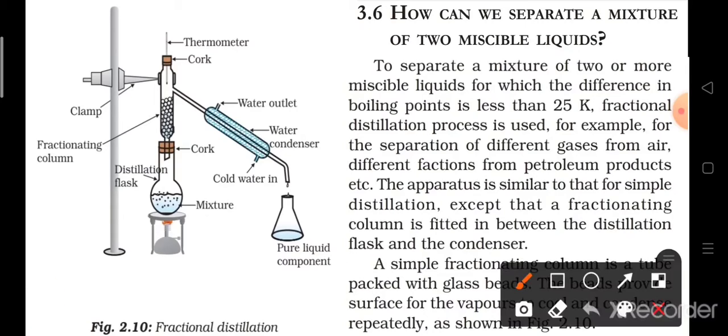So there is an extra part, the fractionating column, between the distillation flask and the condenser.